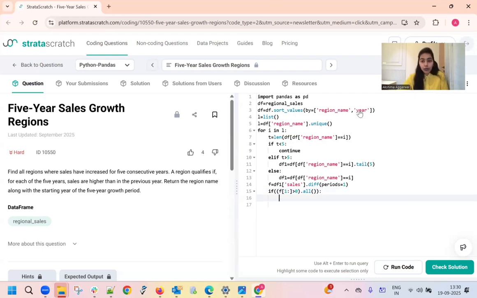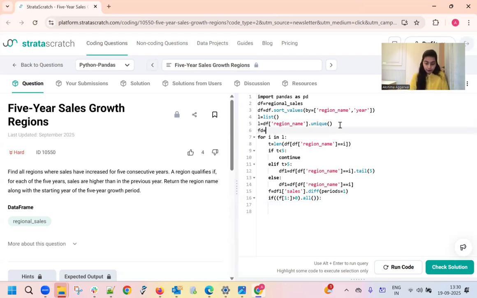Now let's make one data frame over here, so that we are able to concat and print the result in the form of a table.